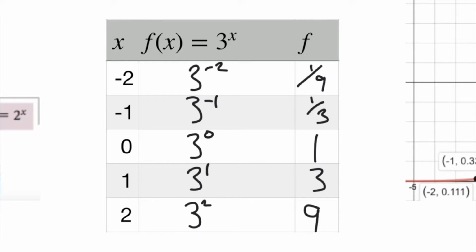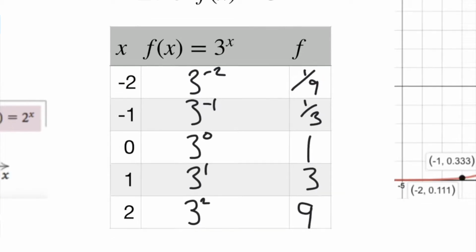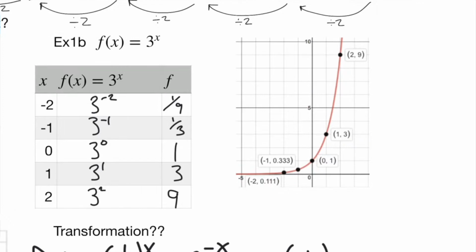And you can see, even though 3 squared is 9, 3 to the negative 2 is 1 over 9. Remember, negative exponents indicate fractions. If you plot those, they're all right here. You can see the same basic shape, it's just steeper here and even closer to the x-axis here.